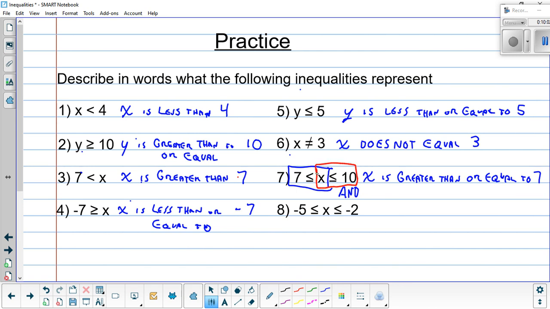So we're going to cover up the 7. What's x doing at that point? Well, here, notice that it's less than, right? Because the point is pointing towards the x. So x is less than or equal to 10.